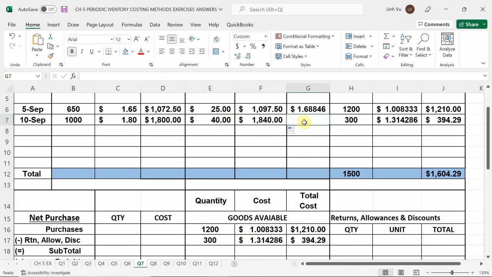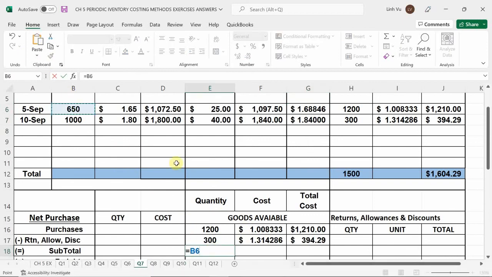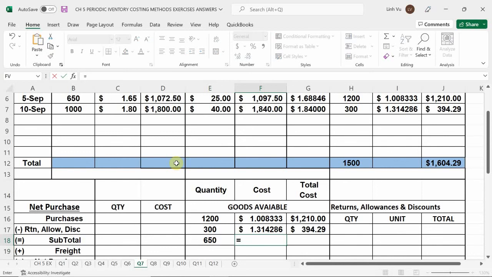And then my cost per item is going to be $1.84. So in this case, this one will go through evenly. So now that I confirmed that the purchase on September 5th, we're keeping all of it, no changes are necessarily made here, I can go ahead and copy everything down from this transaction.